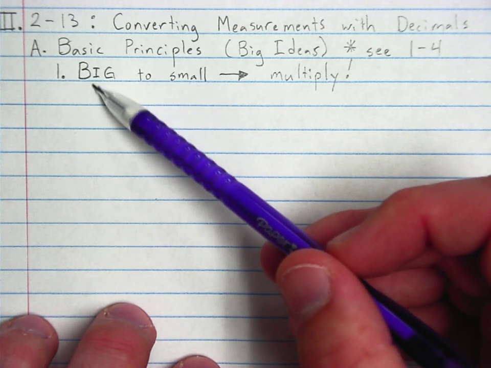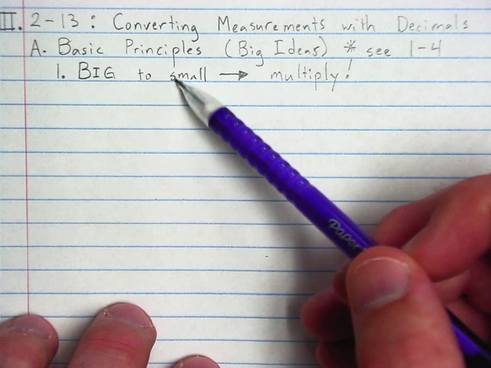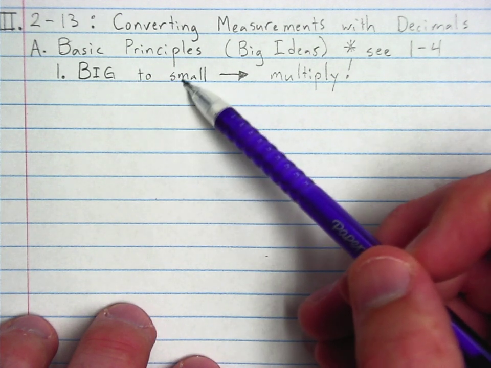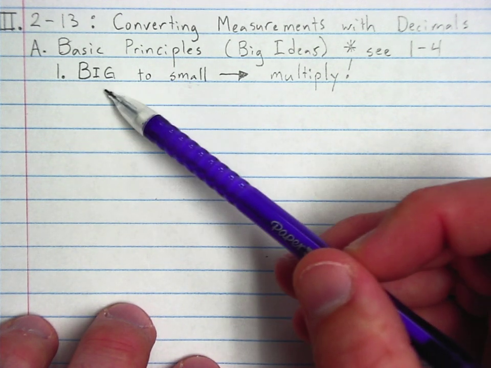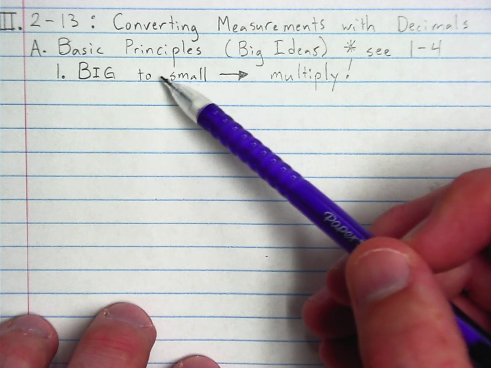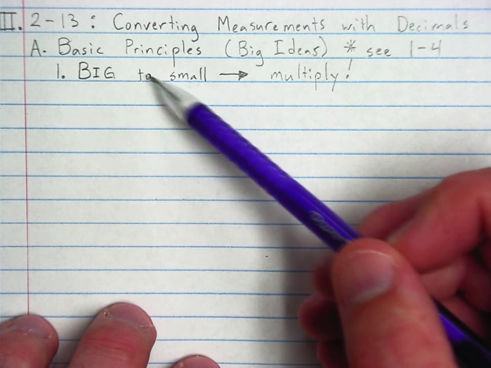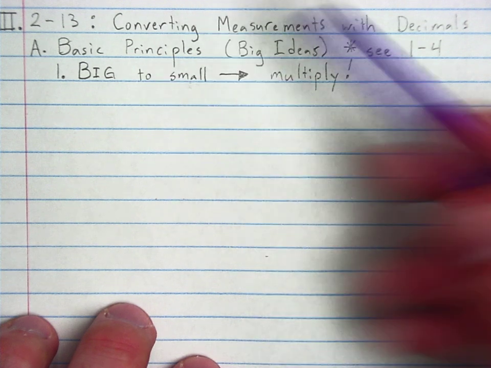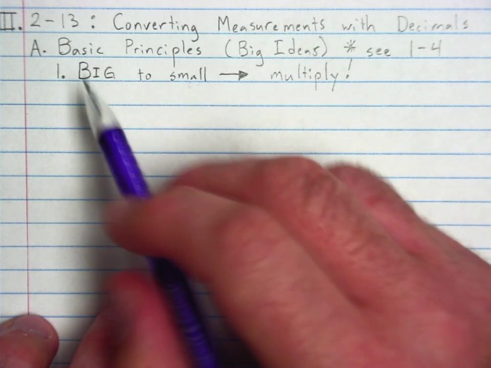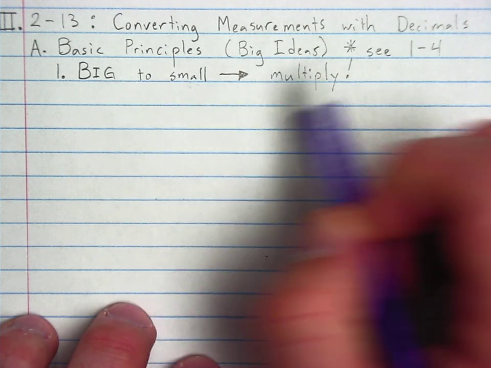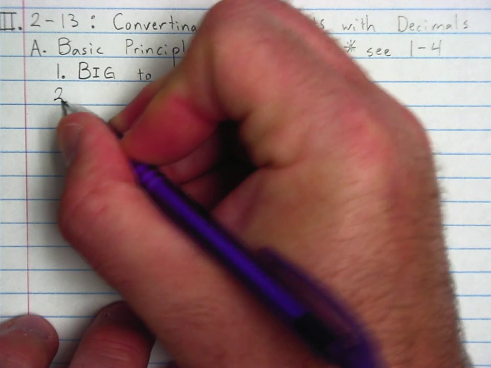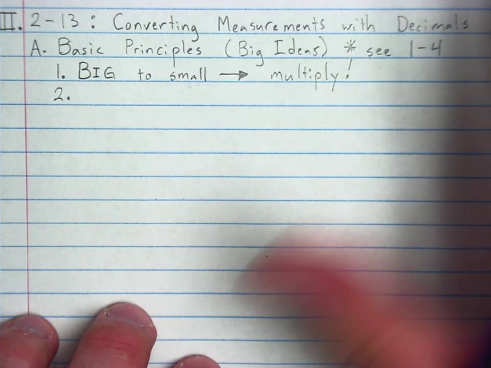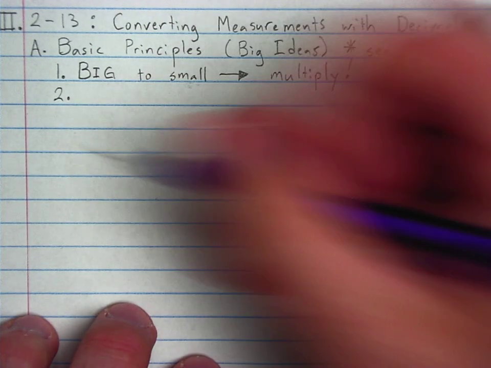A meter to centimeters, well, there are 100 small centimeters in every meter. Think of the meter strip that we made a while back. We may even be making one of those again in the near future. All right, big to something smaller, you're going to multiply. You have to figure out how many groups you have.